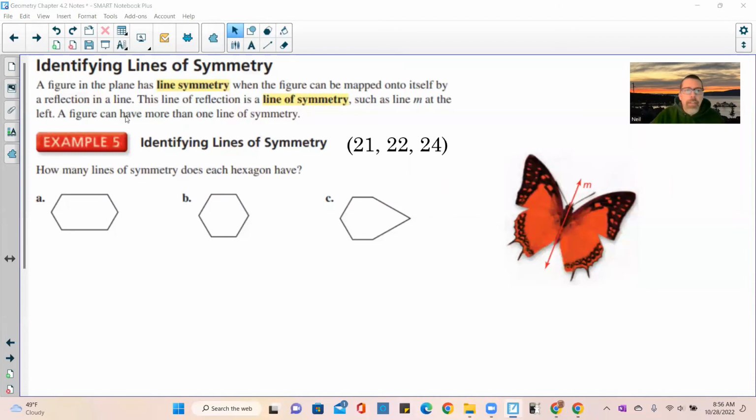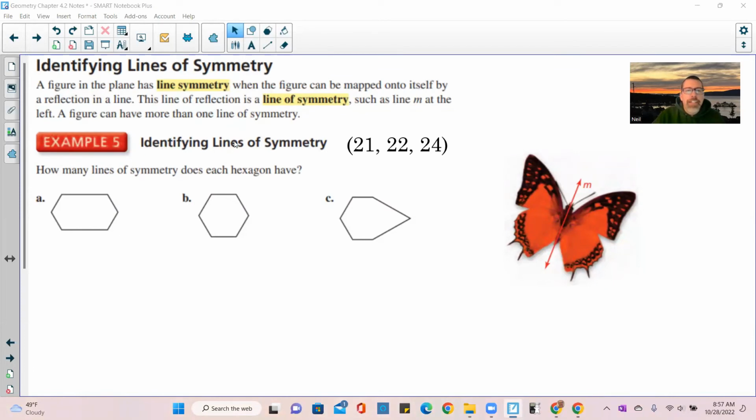In this case, I moved it over here. This is a butterfly, and line M is a line of symmetry. So if you cut this butterfly in half or folded it, each portion of the wing, these pieces would land right on the other side. That is a line of symmetry.